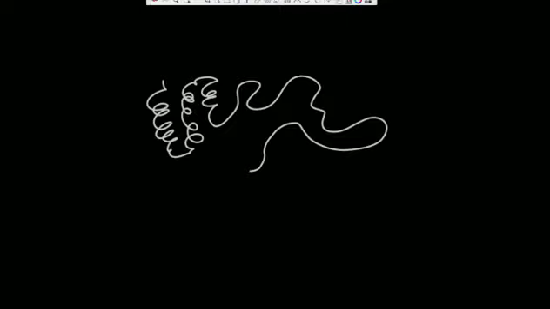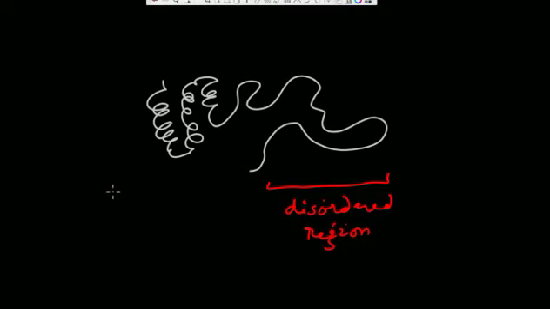So this one is a disordered region, unfolded region, intrinsically disordered. It doesn't fold into a particular secondary structure or tertiary structure because of the composition of amino acids.